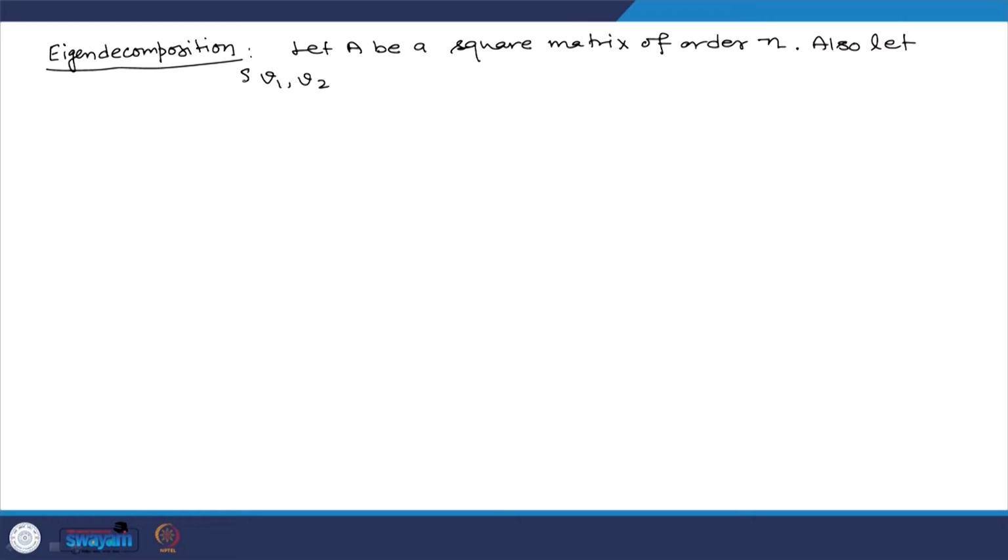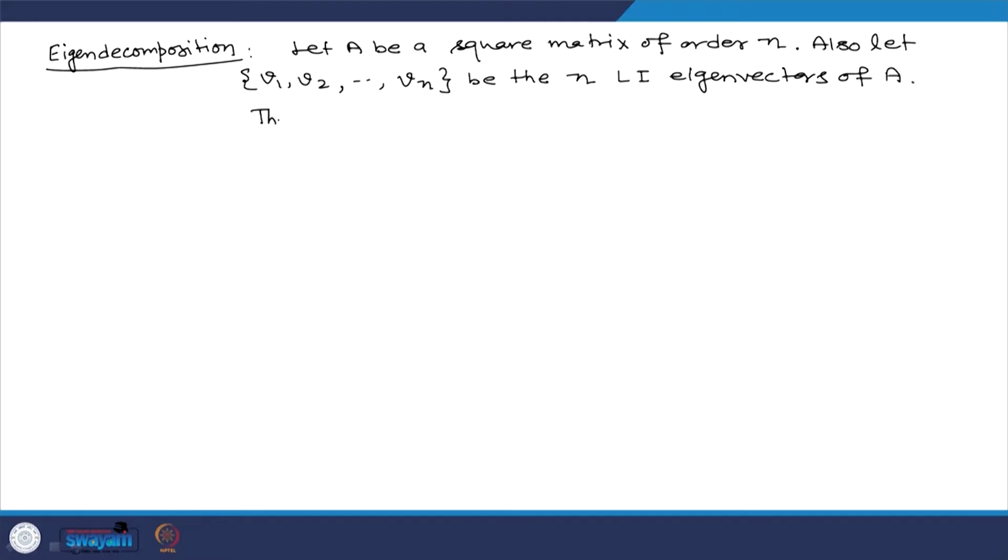V1, V2, ..., Vn are vectors from an n dimensional vector space, and these are the n linearly independent eigenvectors of the matrix A.